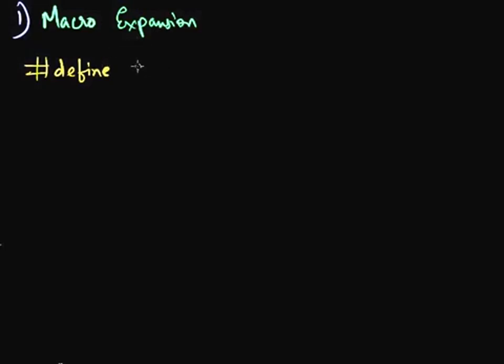Hash define, then you have the macro name and you have the macro code or some value. Now this, what we have written, is called a macro. Hash define PI 3.1415. Now it is quite intuitive, right? It says define PI this value, 3.14. I'm sorry.